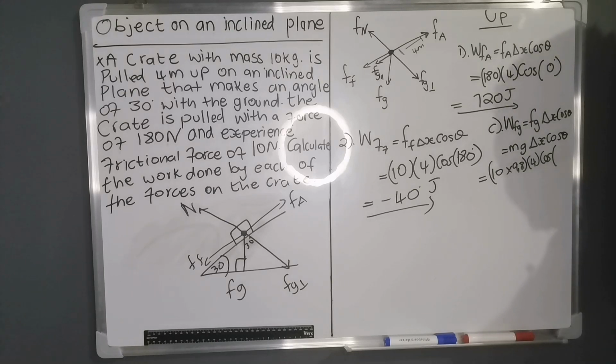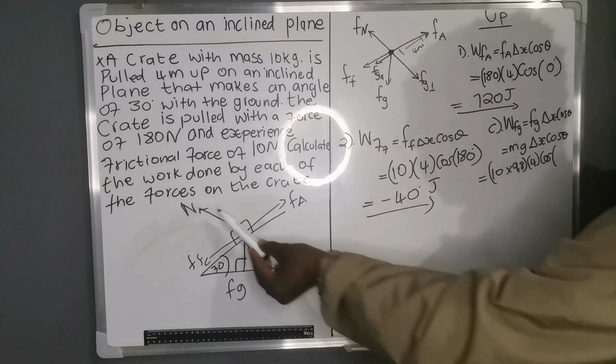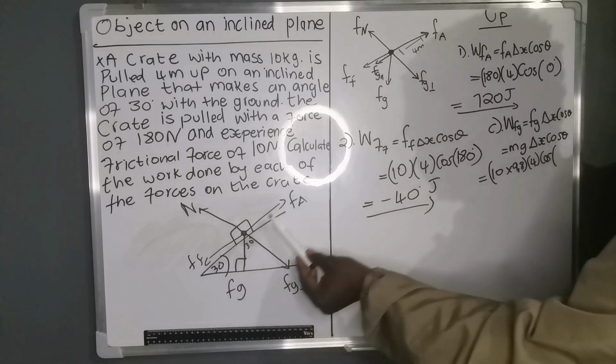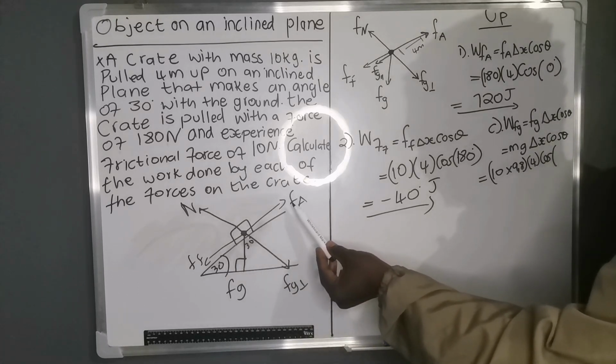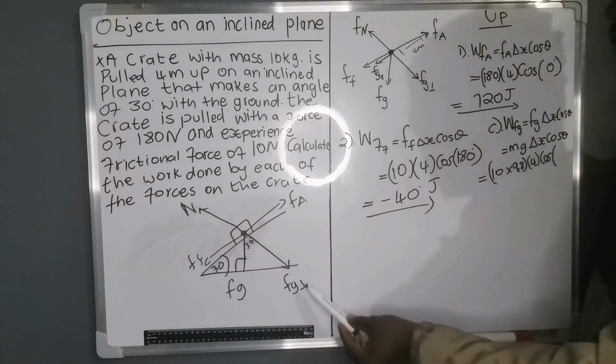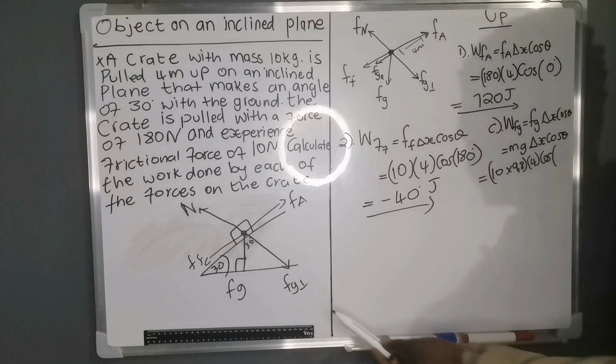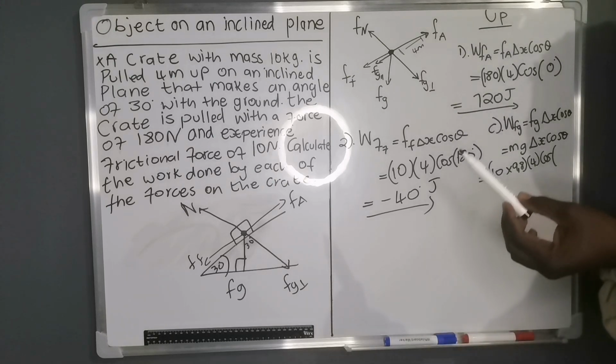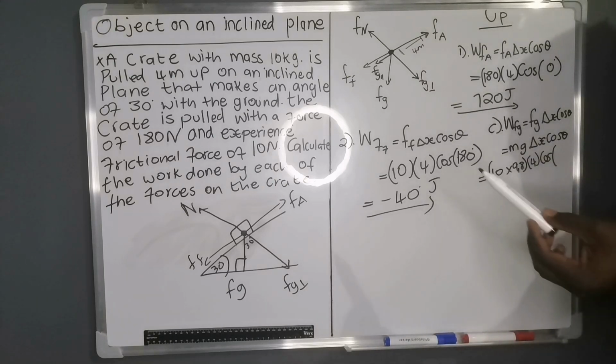Now, our normal force is perpendicular to our displacement or our force applied. So both the normal force and the Fg perpendicular are perpendicular to the force applied.